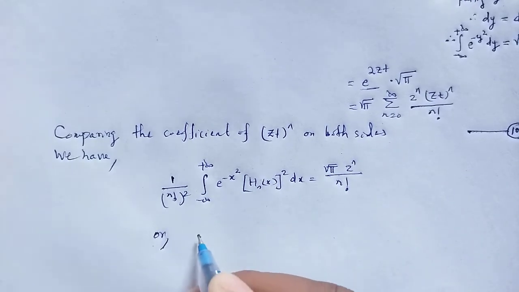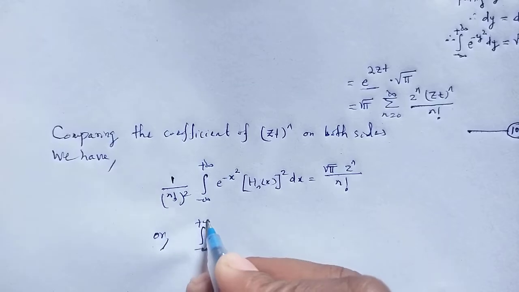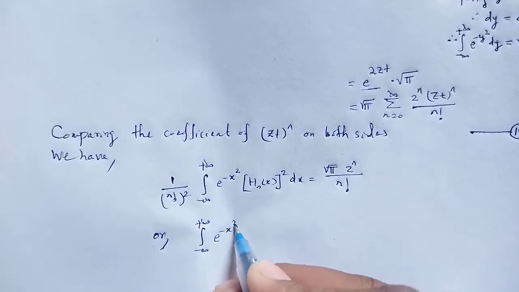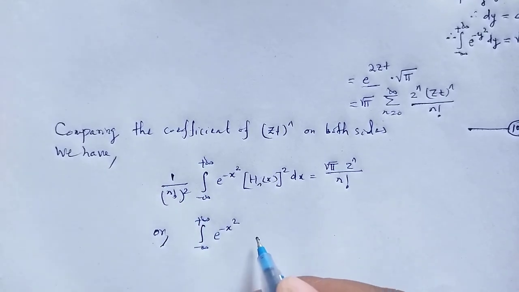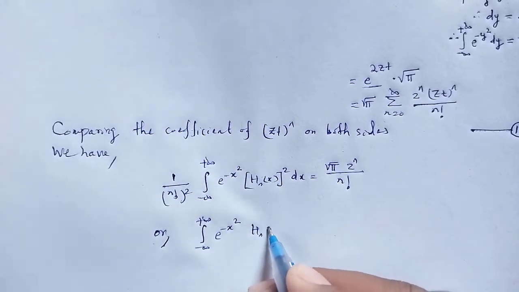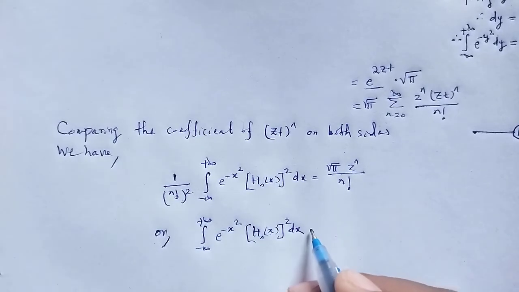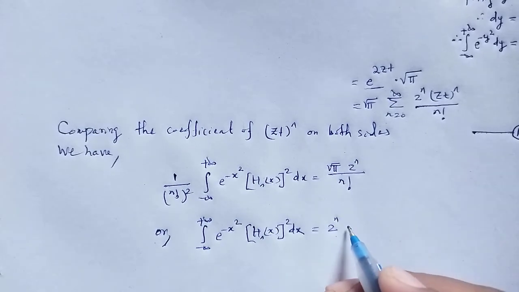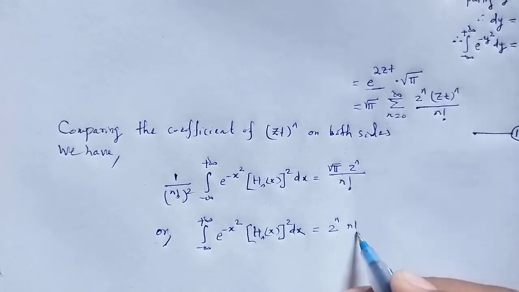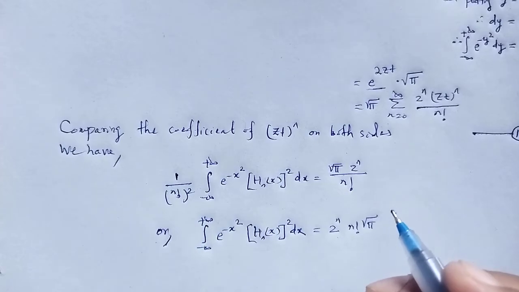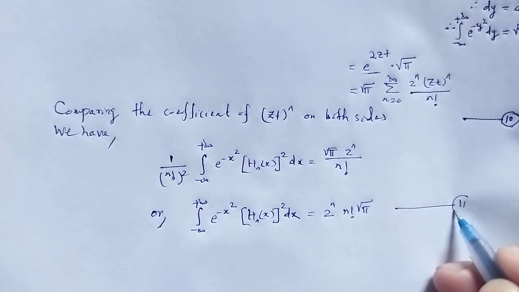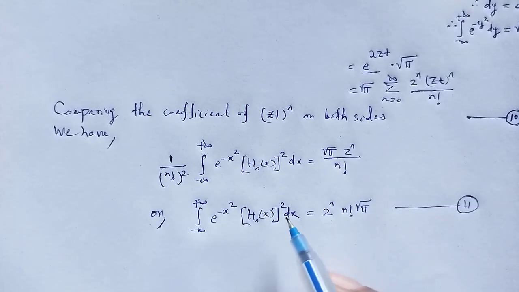Therefore integration from minus infinity to plus infinity e to the power minus x square Hn(x) square dx is equal to 2 to the power n, n factorial into root pi, that is equation number 11. This is obtained when m is equal to n.